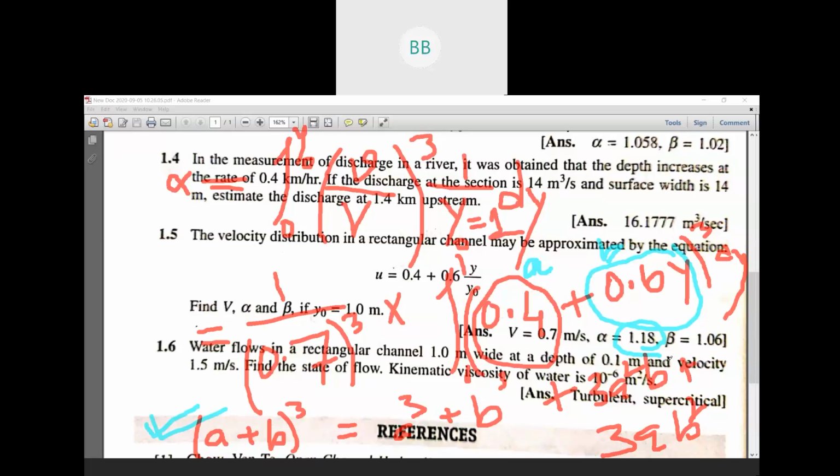But always remember, when we have such an equation, before integration we have to break it up by a plus b whole cube, or if it is square then a plus b whole square. Then only we can go for integration.